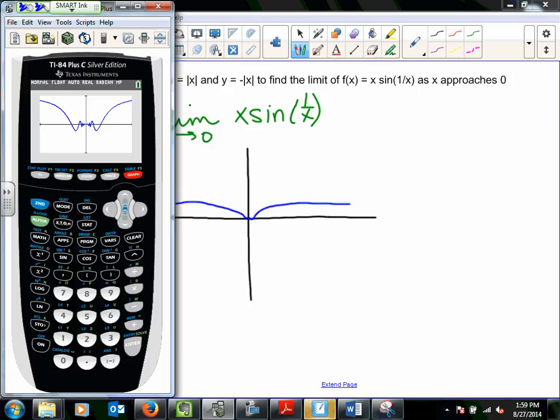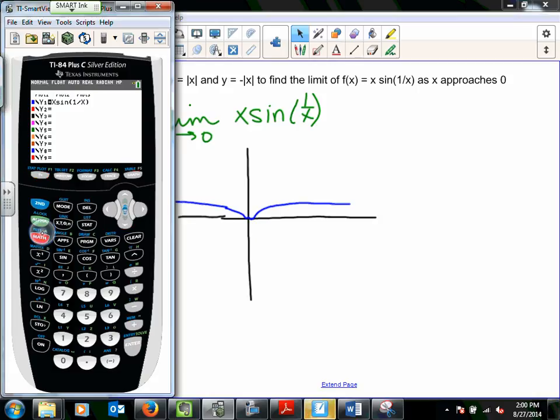It kind of seems that we have an asymptote at 1. Don't you think it looks like that? Now, what we are going to use is the absolute value of x and negative absolute value of x.